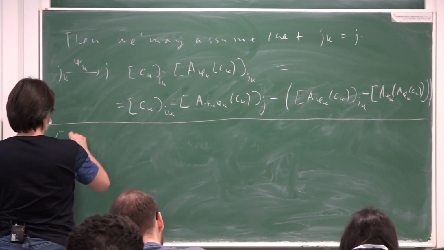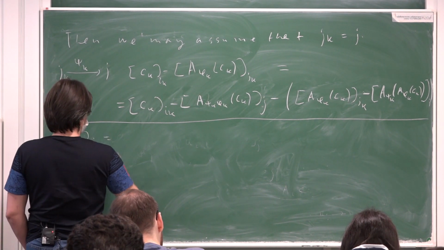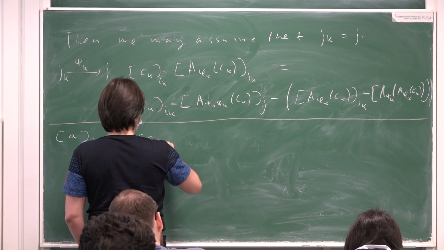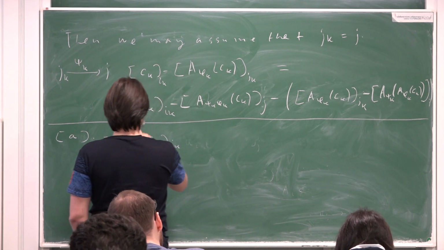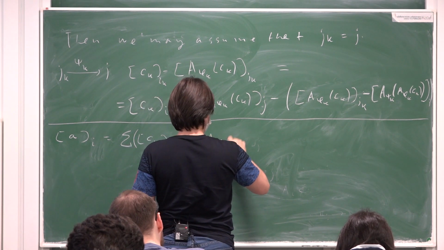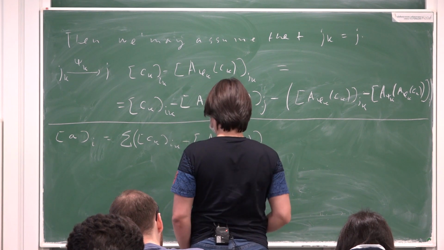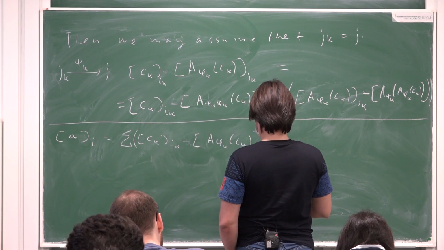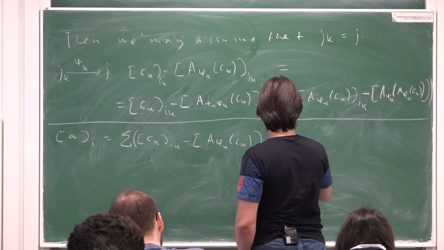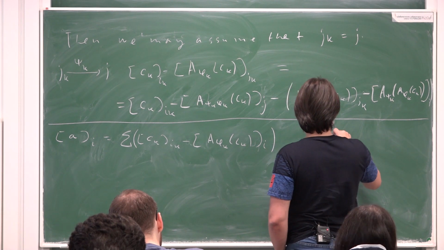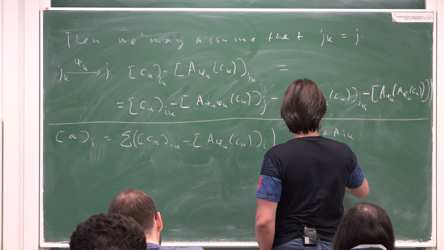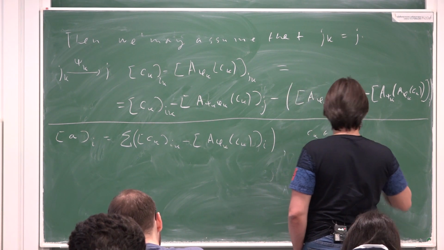We have A of I equals the sum of c_k in the i_k component minus A phi_k c_k in the I component, for some c_k from A i_k, and phi_k from i_k to I.